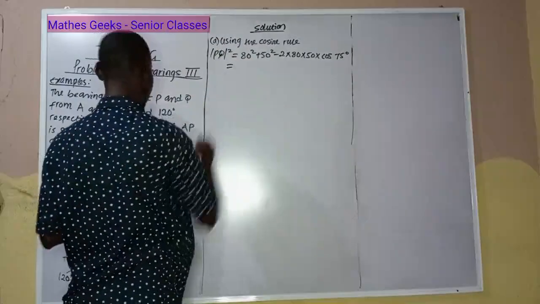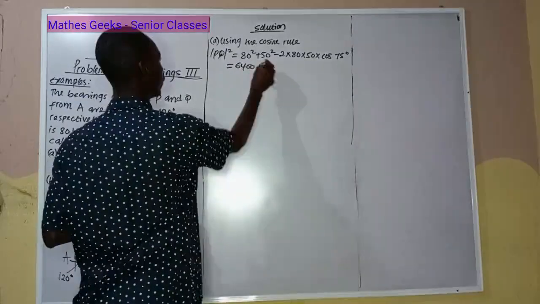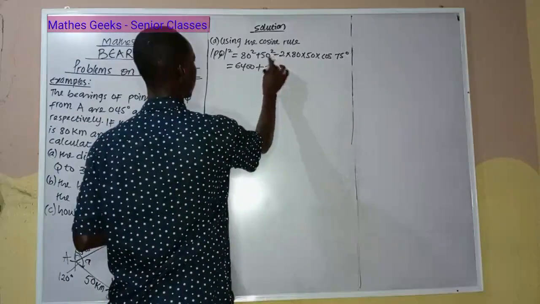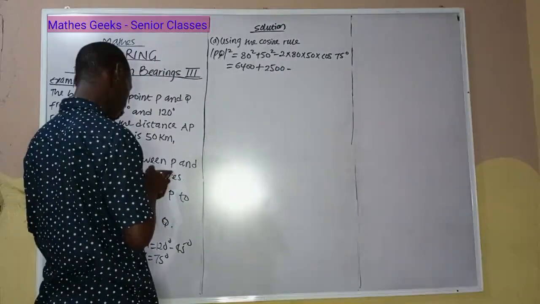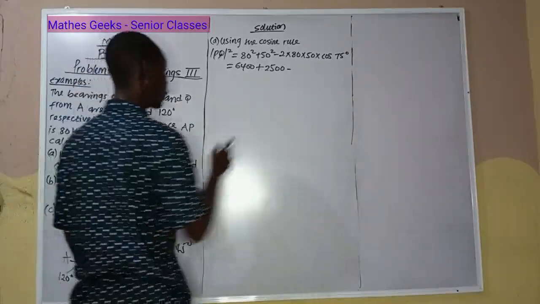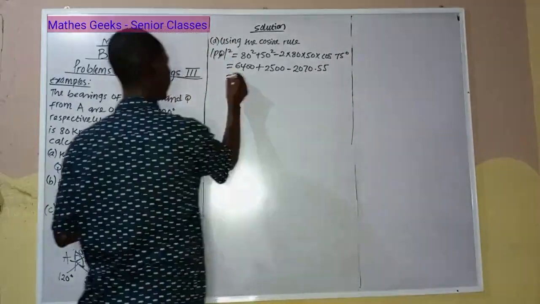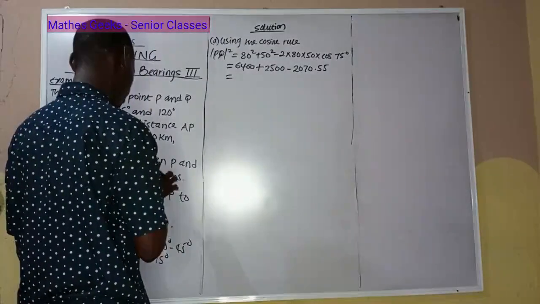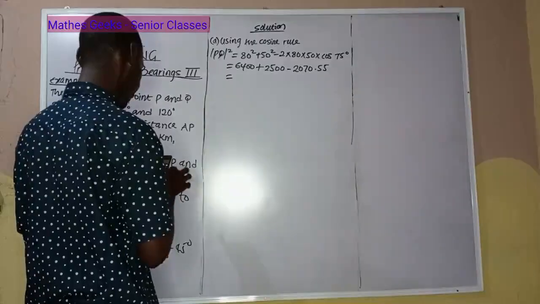So 80 squared is 6,400. 50 squared is 2,500. 2,500 minus 2 times 80 times 50 times cos 75 is 2070.55. So 6,400 plus 2,500 minus 2070.55.